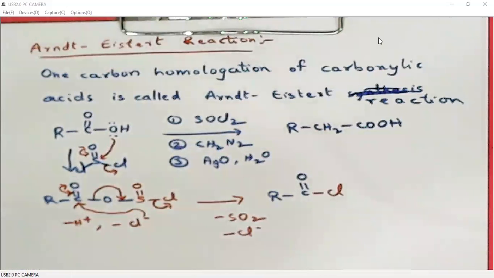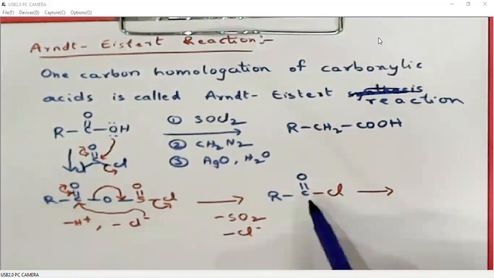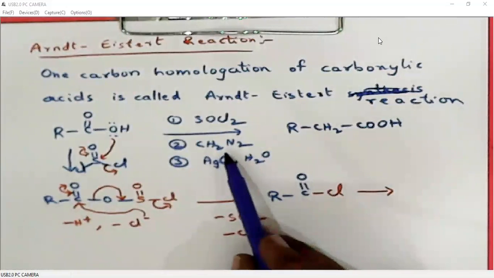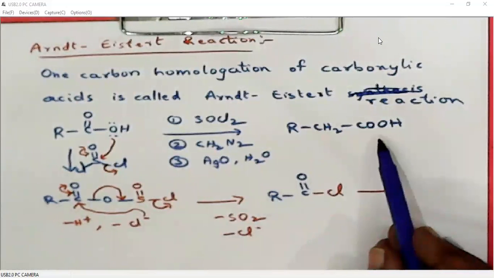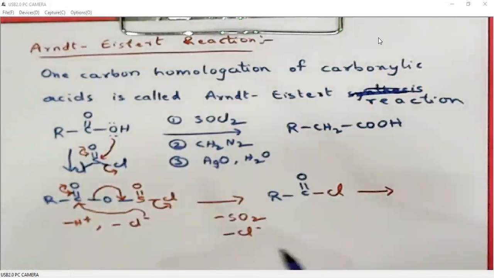And of course, you know how to convert acid chlorides to alpha diazoketones, right? I'll just repeat. Yesterday, I gave some examples based on acid chloride, conversion of acid chloride with diazomethane and reagent to one carbon homologation of carboxylic acids.